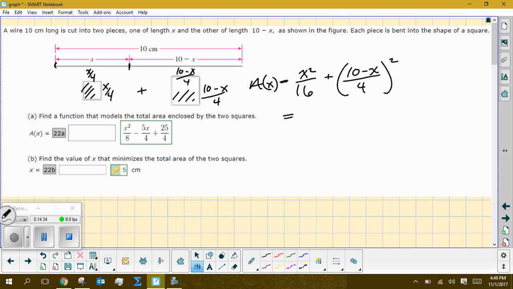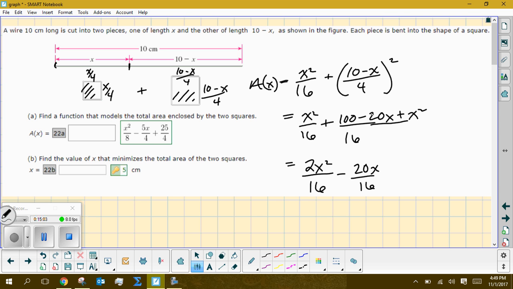It's kind of ugly, so let's rewrite this as x squared over 16 plus, also over 16, 10 minus x squared: 10 squared is 100, negative 20x, and a positive x squared. So we've got 2x squared over 16, negative 20x over 16, and 100 over 16, and that's the area in regards to x.